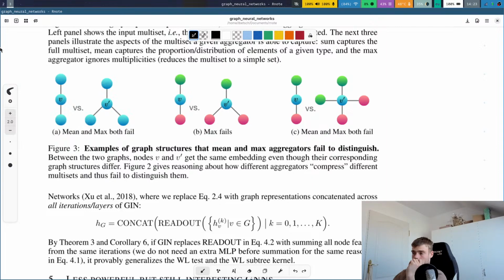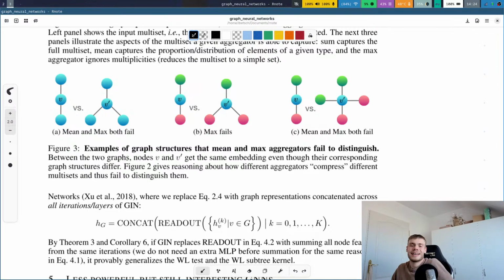Okay, and now figure 3: examples of graph structures that mean and max aggregators fail to distinguish. So this is now interesting. Between the two graphs, nodes V and V prime get the same embedding even though their corresponding graph structures differ.